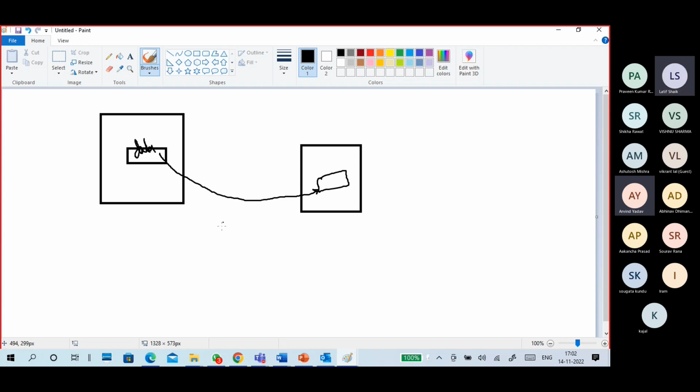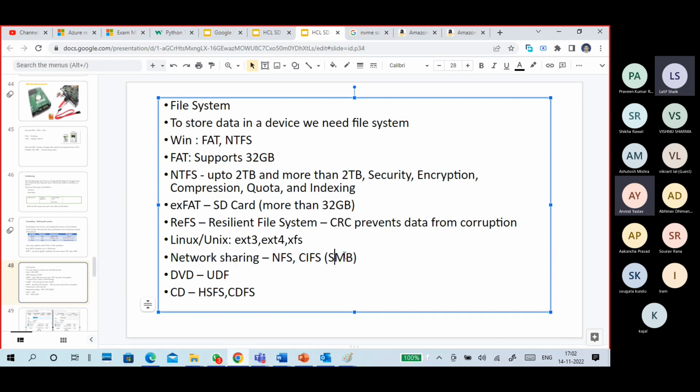They can use a file system called NFS, the network file system. Or you can use CIFS, Common Internet File System, also called SAMBA. For DVD, UDF, Universal Disk Format, and for CD, CDFS.